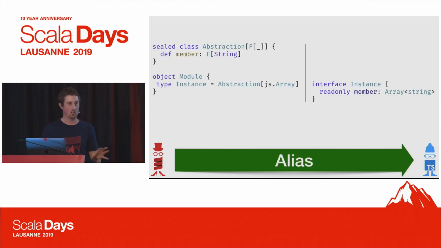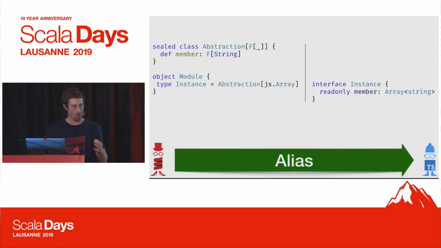TypeScript doesn't do higher-kinded types. There's an encoding, a lightweight encoding similar to what Elm uses, but it's pretty awful. So if we have an abstraction on the Scala side which takes a higher-kinded type and we want to use it on the TypeScript side, we need to kind of fill in the hole.